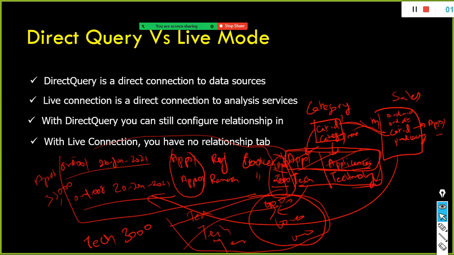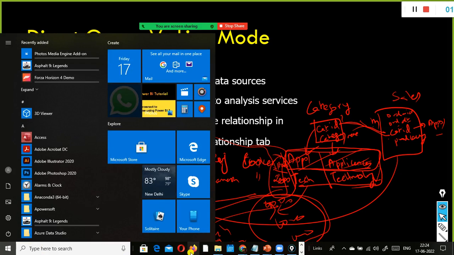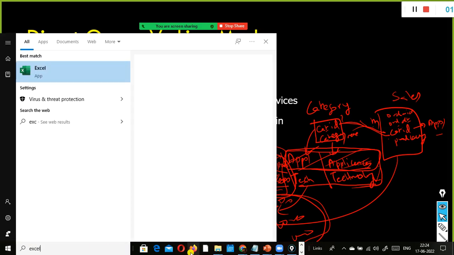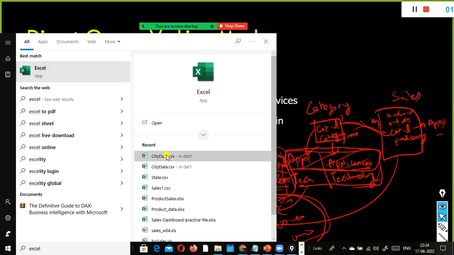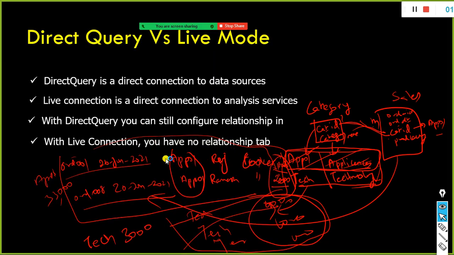See, it's simple if I explain it in Excel. Filtering in an Excel file. For example, I have an Excel file. Look here, city data is there. I just open it.